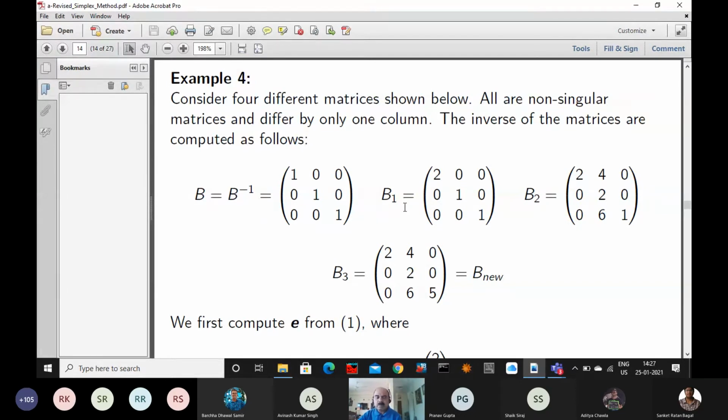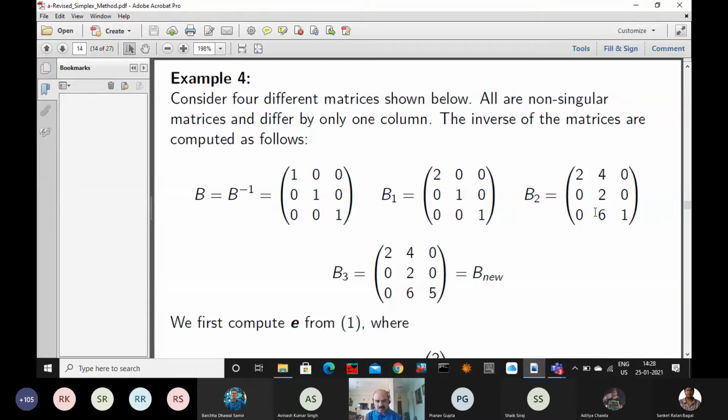Now compare B1 and B2. Which column is different? The last column is the same, the first column is the same, the second column is different. Now compare B2 and B3. Which column is different? The third column.